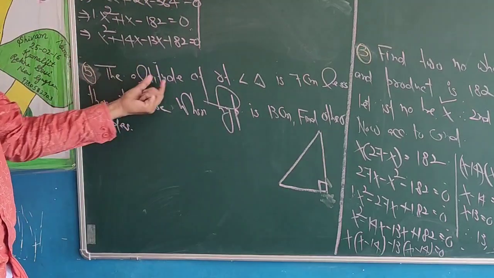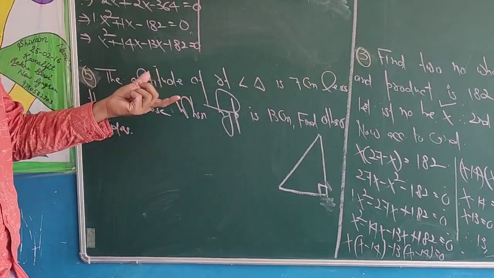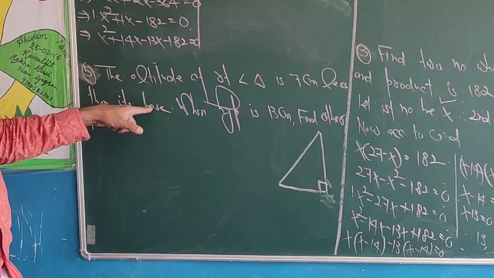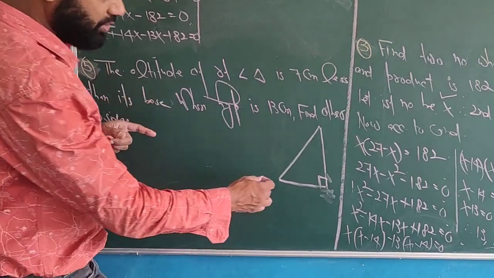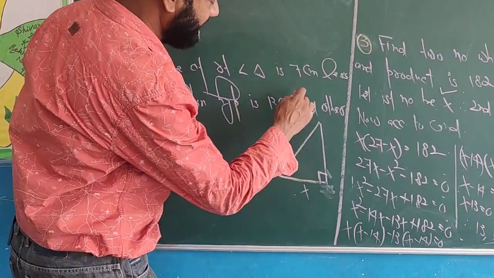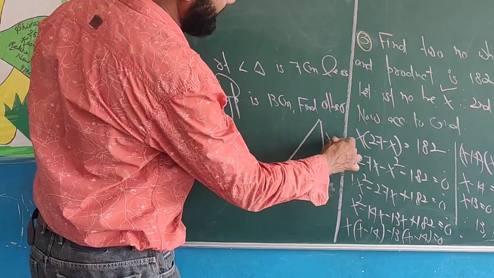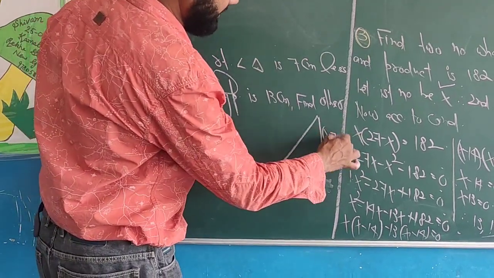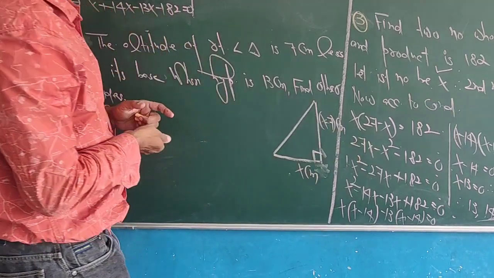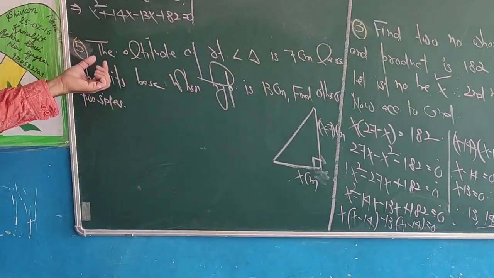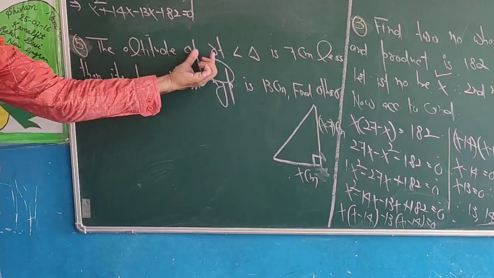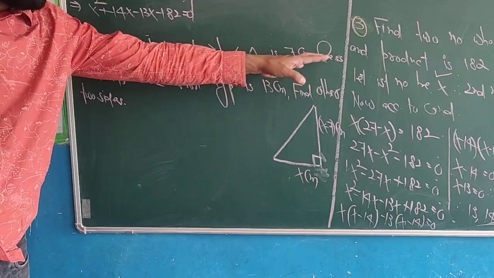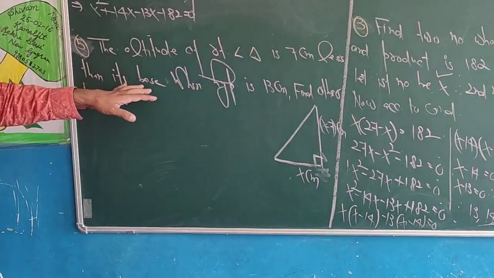And here it is given that the altitude of a right angle triangle is 7 centimeters less than its base. Suppose the base is x, therefore the altitude is x minus 7. It is clear. When we suppose the base is x centimeters, then the altitude is x minus 7 centimeters, because it is given that the altitude is 7 centimeters less than its base.